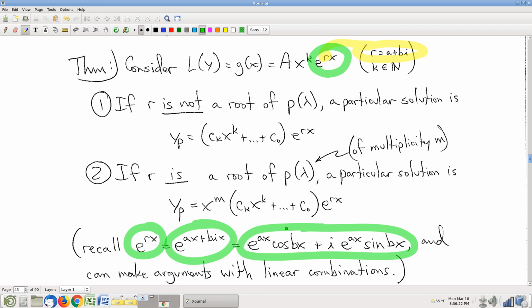So even though, yes, this is a different theorem, it is a very similar theorem. These are what you might call equivalent theorems, in that you can use this one to prove that one, and you can use that one to prove this one by just making linear combinations arguments, and it works out just fine. So they're kind of the same theorem. Now, why am I showing you a different one here? Reasonable question.